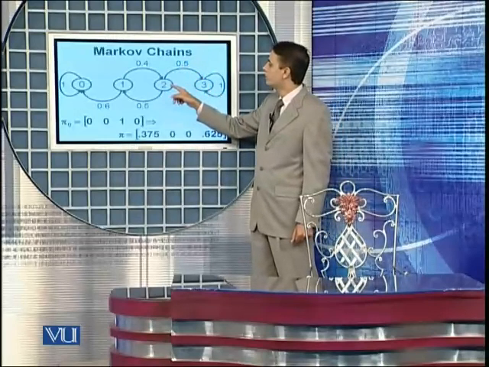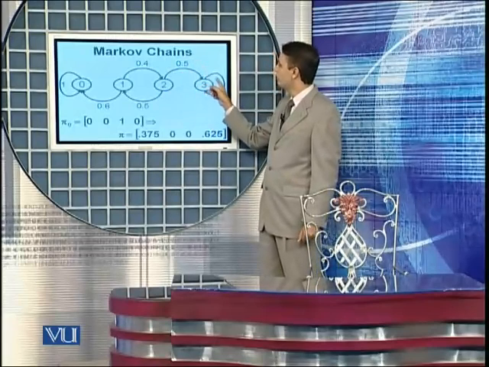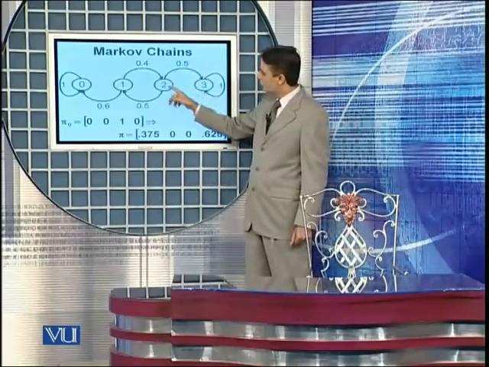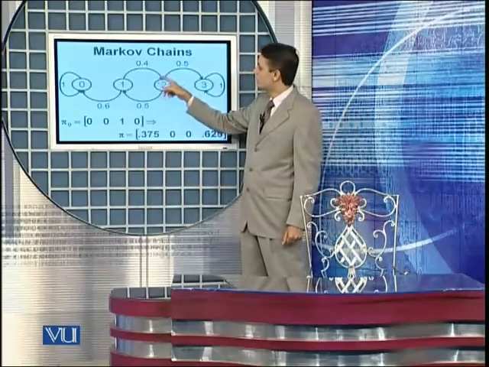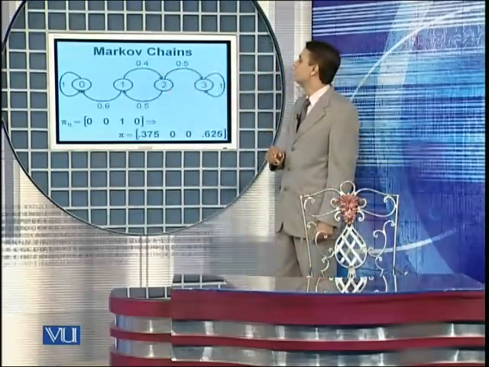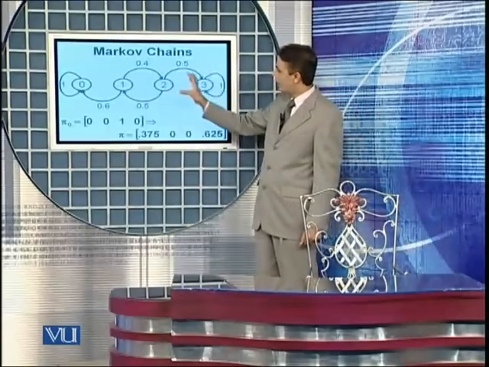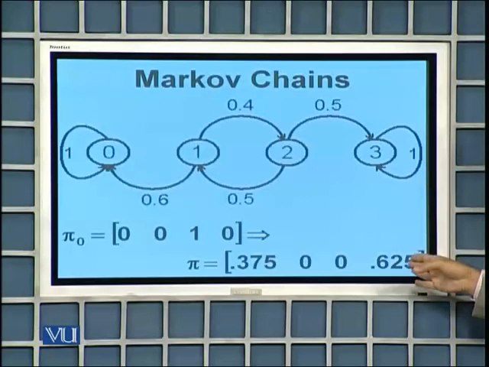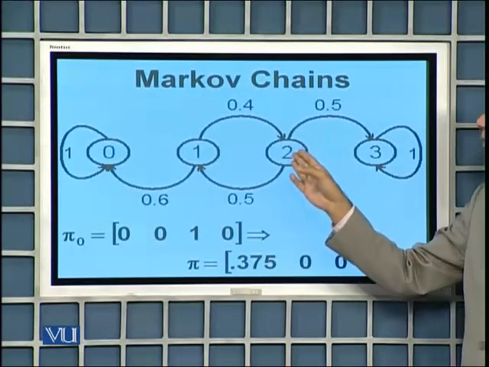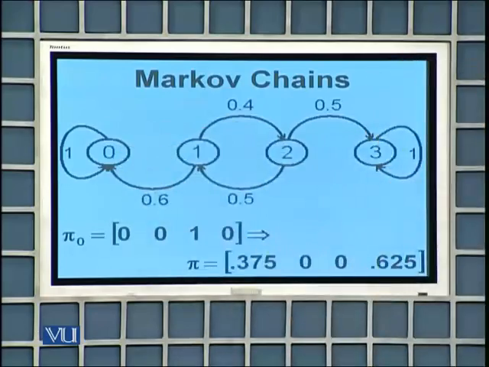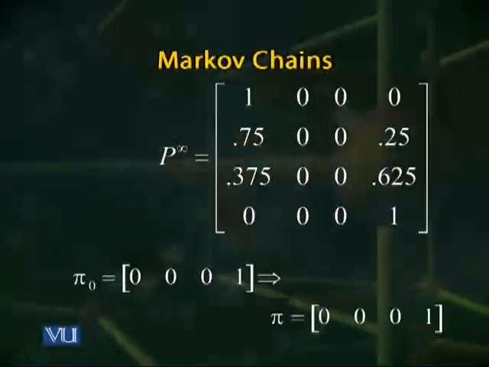With probability 0.5, we'll jump to state 3 in one step and get trapped there. It's also possible for this Markov chain to start from state 2, move to state 1, come back and then get trapped in state 3. Hence, if we start in state 2, the probability of getting trapped in state 3 is 0.625 and the probability of reaching state 0 and getting trapped there is only 0.375.